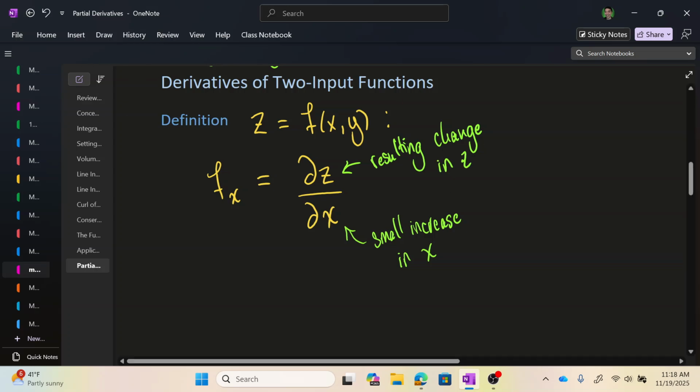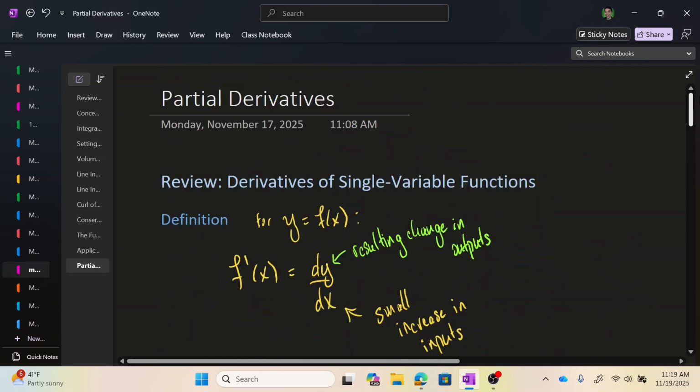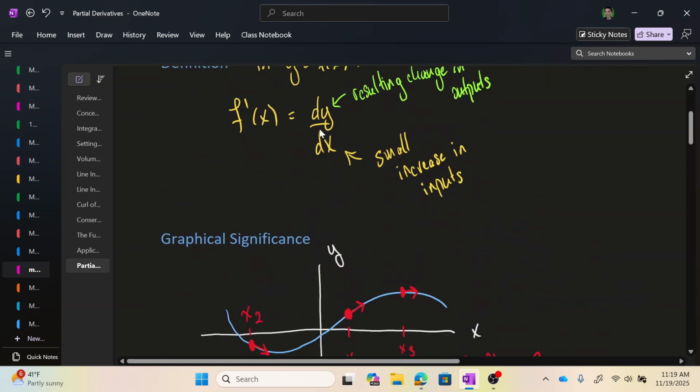Now, notice that when we're writing down the expression for a partial derivative for a multivariable function, the symbols used in the fraction are a little bit different than the ones that we used for the function of one variable earlier. For a function of one input variable, the symbolic notation was dy over dx.